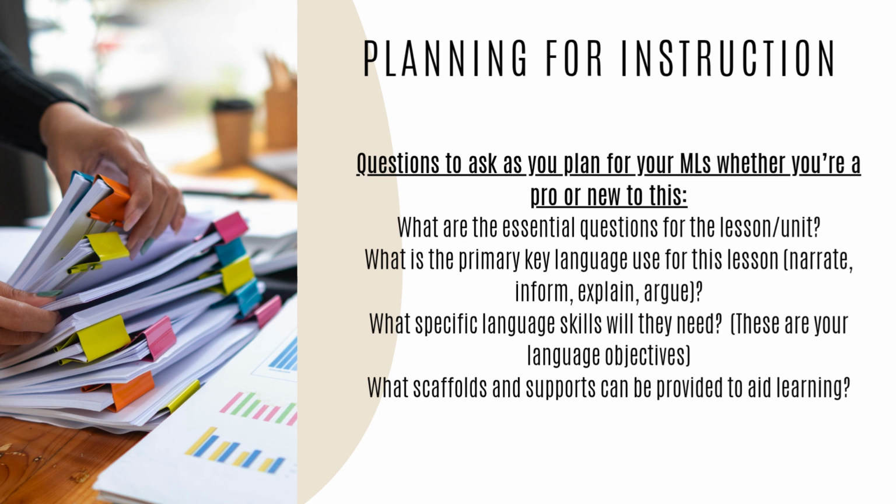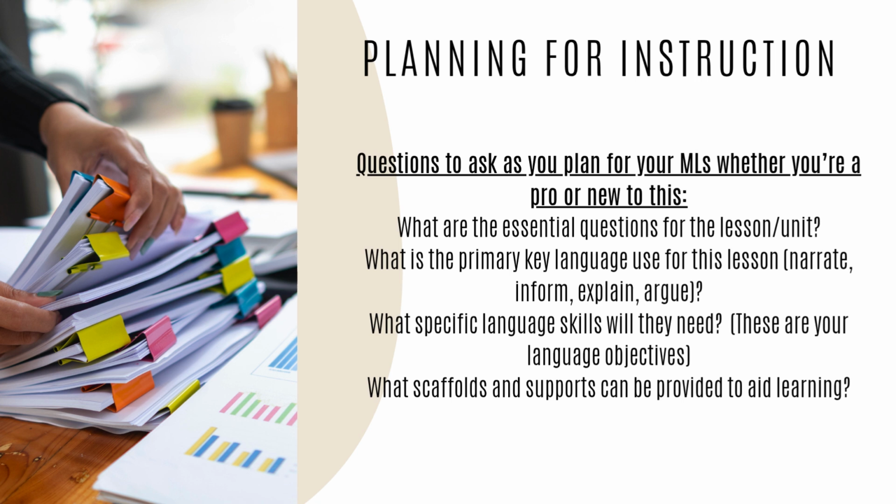Once we decide the essential questions and the primary key language use, we can begin thinking about, okay, what specific language skills will my students need? And these are your language objectives for the lesson or the unit. Once you know the essential questions, the primary key language use, and the specific language skills they will need, then you can decide what scaffolds and supports can be provided to aid their learning.